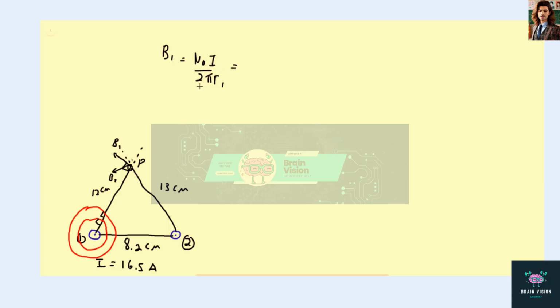And so using R1 here then as 12 centimeters and I as 16.5 amps, we should get that it is 2.75 times 10 to the minus fifth Teslas. And then doing the exact same thing for B2, mu naught I over 2 pi R2, now with that as 13 centimeters, we will get 2.54 times 10 to the minus fifth Teslas.